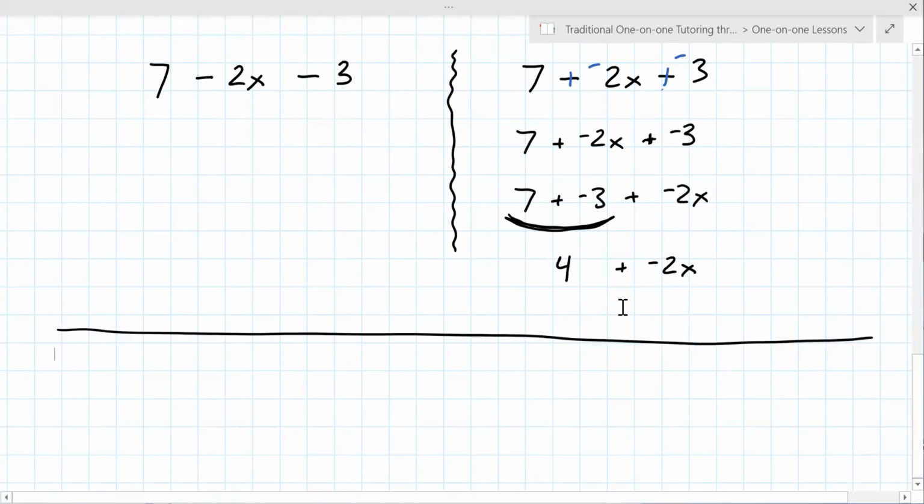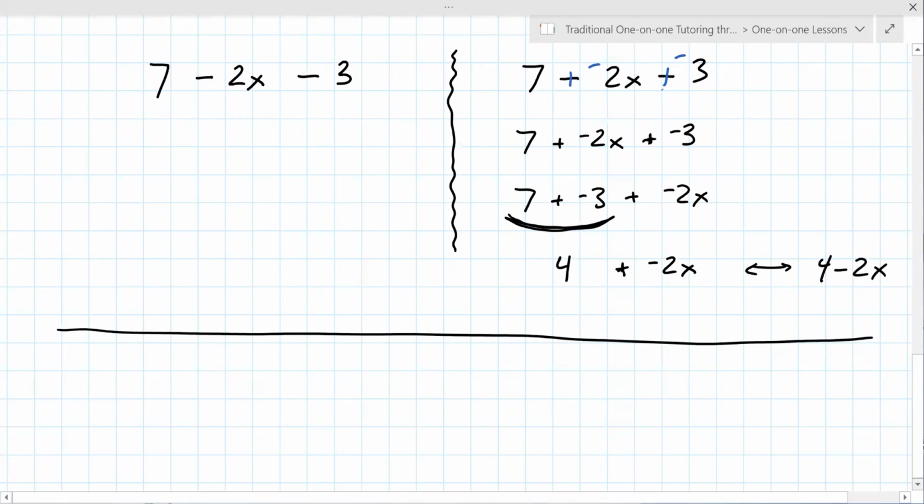So the negative 2x has to stay that way, because that's the answer. Yeah, this is completely correct. You might see it in a textbook written this way, but they're exactly the same. So the answer would be 4 plus negative 2x. Yes, to 7 minus 2x minus 3, it would just be 4 plus negative 2x.